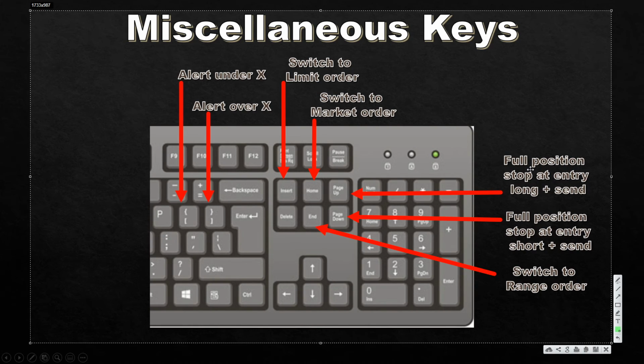Reason being is, if you trade a stock that's moving too fast and you're taking profits as you go, I'm hitting the page up so that as I'm taking profits, I'm renewing my stop loss at entry in case that thing flushes.